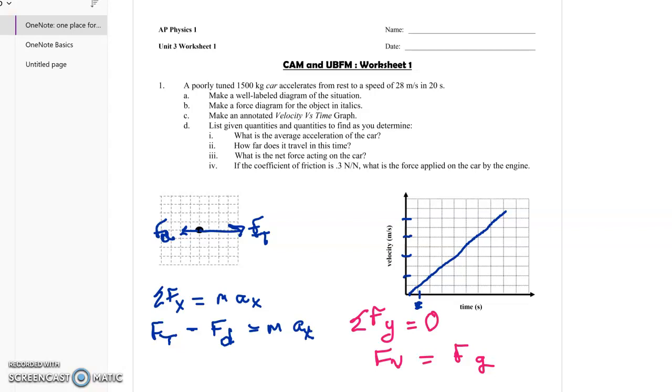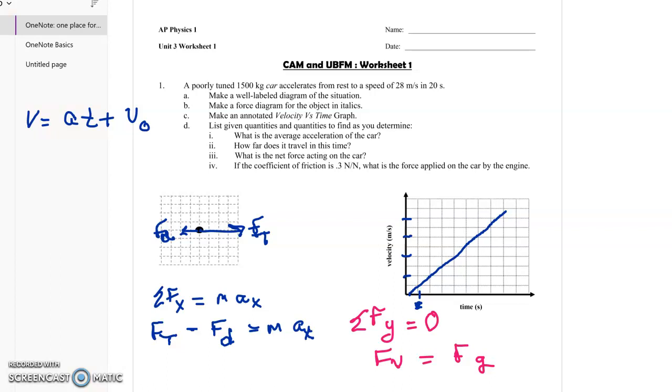But I think I could find the acceleration by having good labels on here and just finding the slope of this, if I made the graph match my numbers. Or I could say, V equals AT plus V naught, right? And so I have V and V naught.